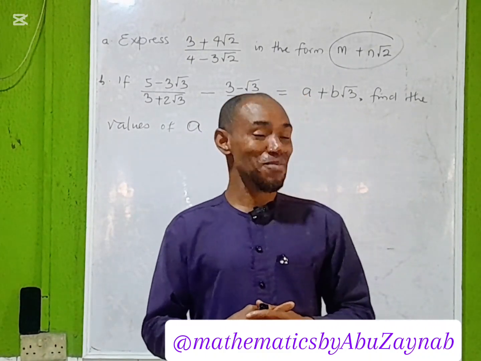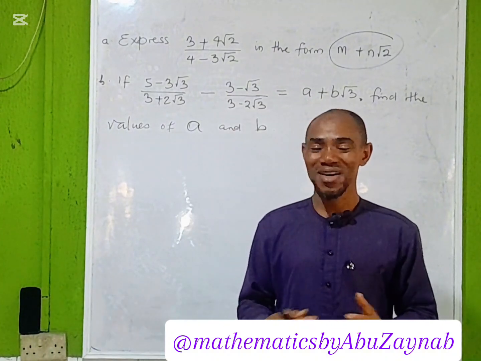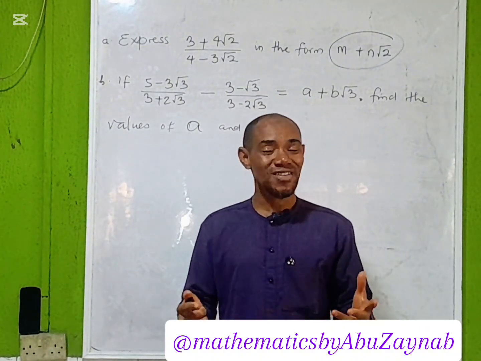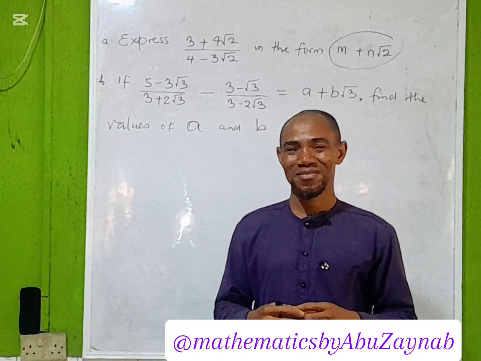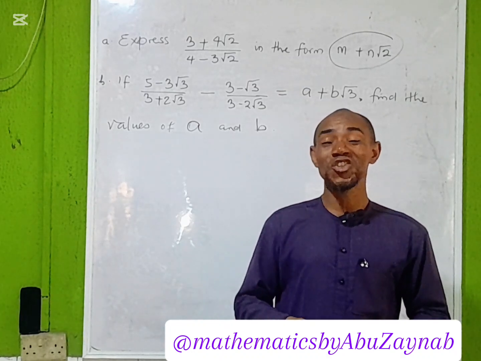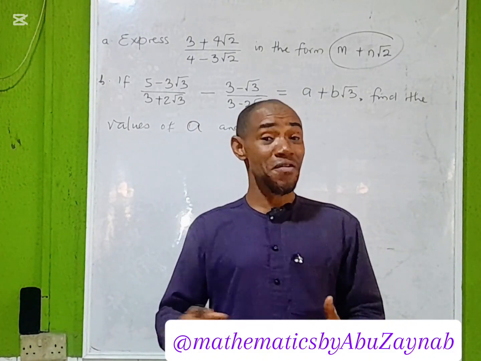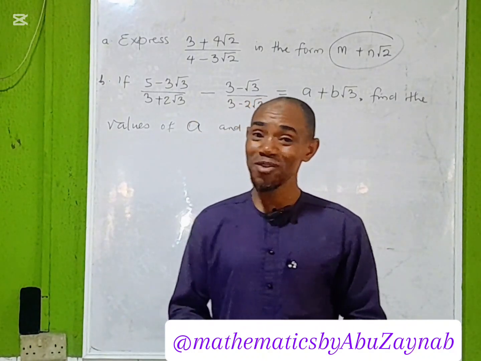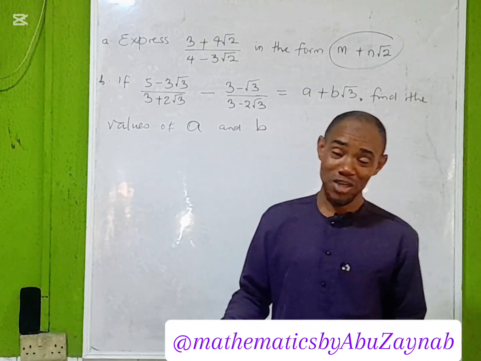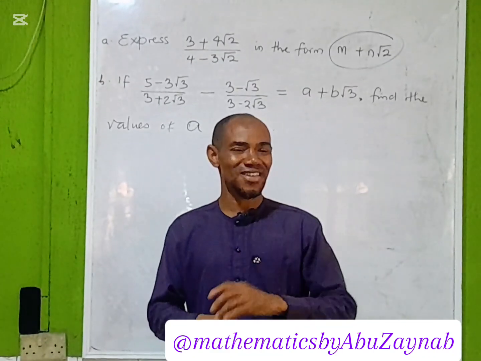Today's class promises to be interesting and fun as usual, as we take the last lap on the topic surd. In our previous videos, we've introduced what the concept of surd is all about. We've looked at the various operations of surd, which include addition, subtraction, multiplication, and lastly, division.